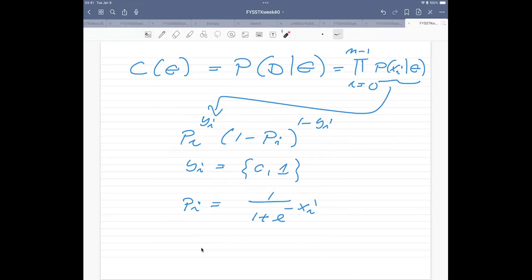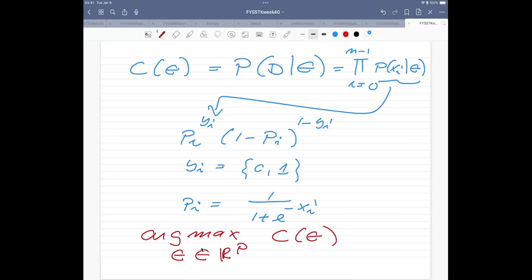Now, to calculate the derivatives of that case, because we want to maximize this function, so what we want is actually an argmax. We don't want to have a marginal probability, but we want to maximize the probability. Then we simply want to calculate the gradients of this function, where this is the product of all these probabilities.